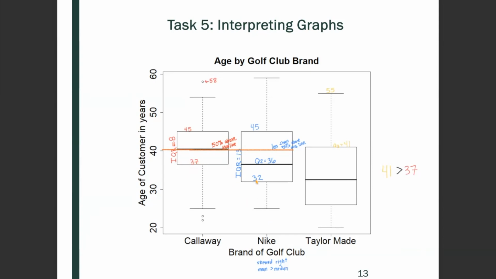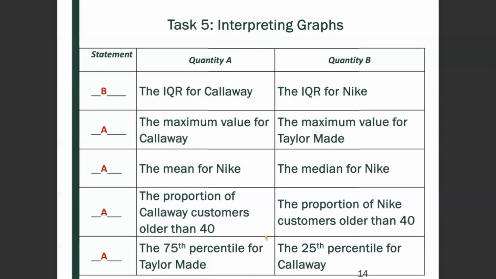And for Nike, the lower quartile looks to be approximately 32, and the upper quartile is 45. So the interquartile range is 45 minus 32, which is 13. So here, the interquartile range for Nike is larger.